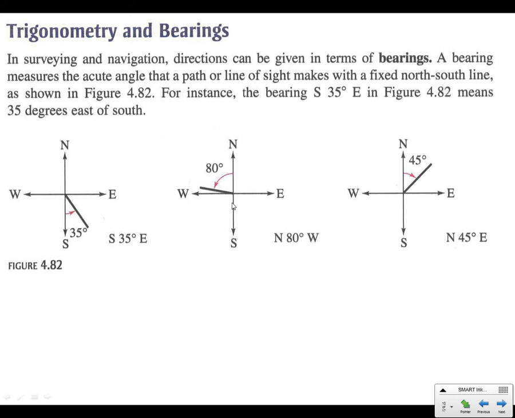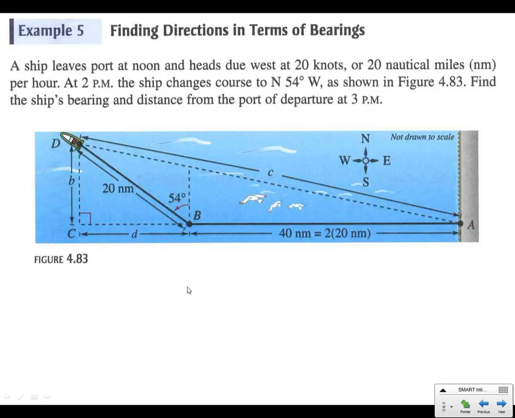North 80 degrees west means start pointing north and then spin 80 degrees to the west. So we're not always just starting from the positive x-axis anymore. North 45 degrees east, start by pointing north, spin 45 degrees to the east. We're going to use that to figure out problems like these.